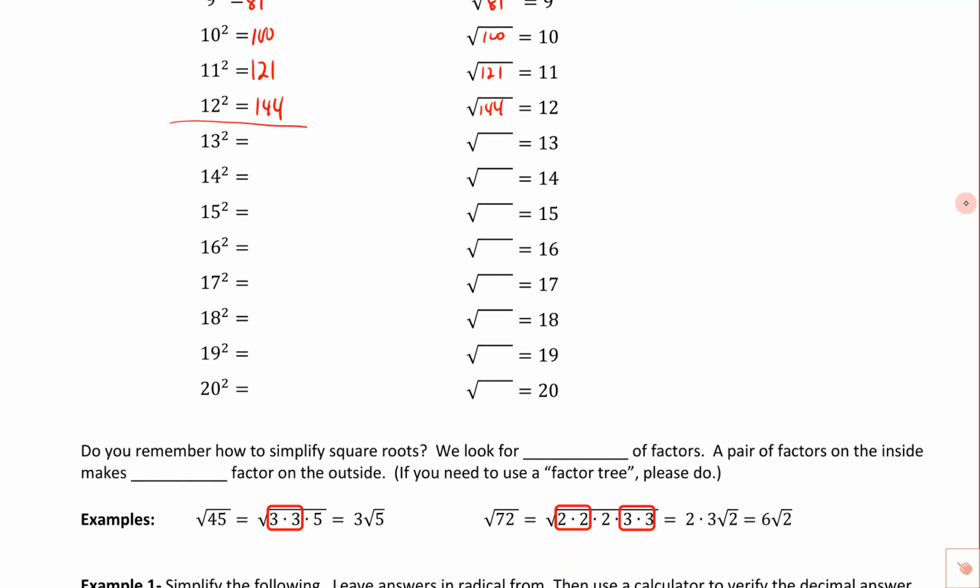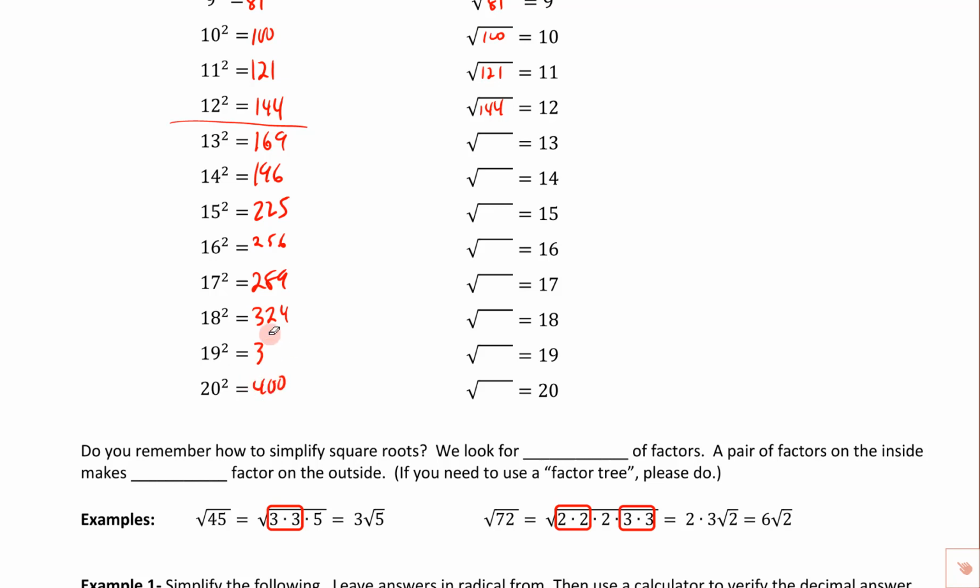And then I'm hoping that you've got a bunch of these memorized. So 13 squared would be 169, 14 squared, 196, 15 squared, 225, 16 squared, 256, 17 squared, 289, 18 squared, 324, 19 squared, 361, and 20 squared would be 400.